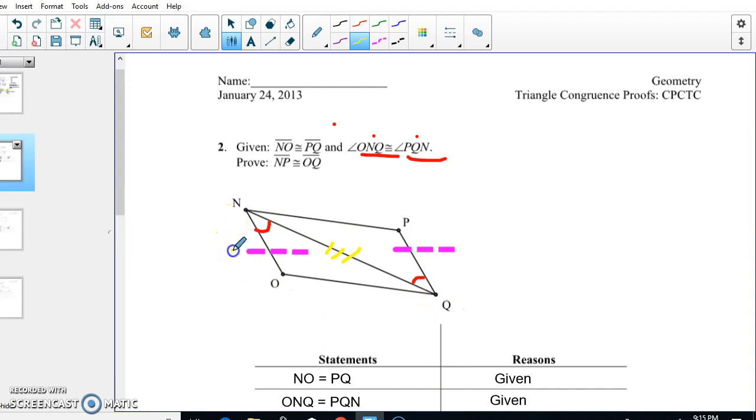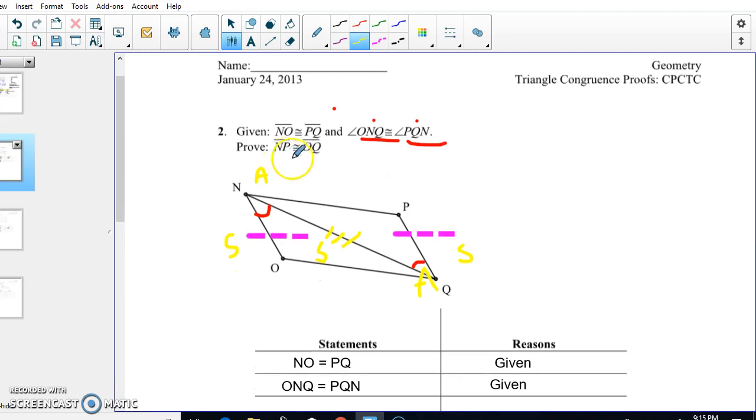Now I have side, angle, side, and I have over here side, angle, side. Okay?